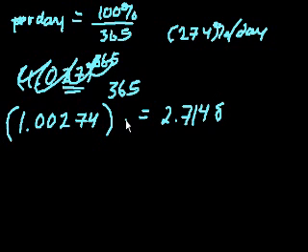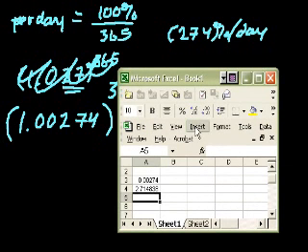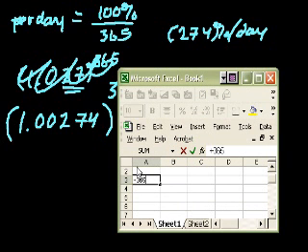Now let's say that's not enough for you because this interest rate is so high. You want the option to pay it by the hour. You want this thing to compound every hour of the day. So let's first of all figure out how many hours there are in a year. In a year there's 365 days times 24 hours per day.